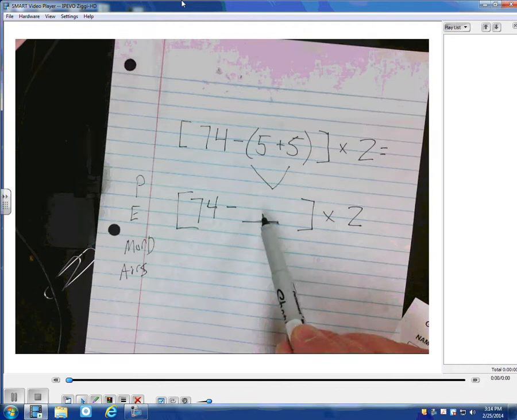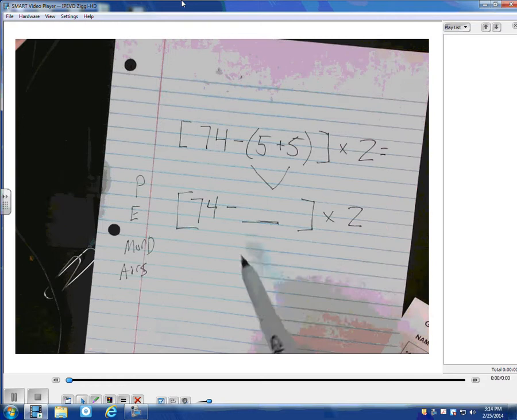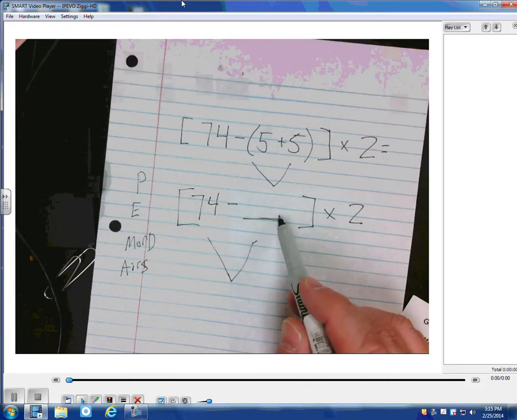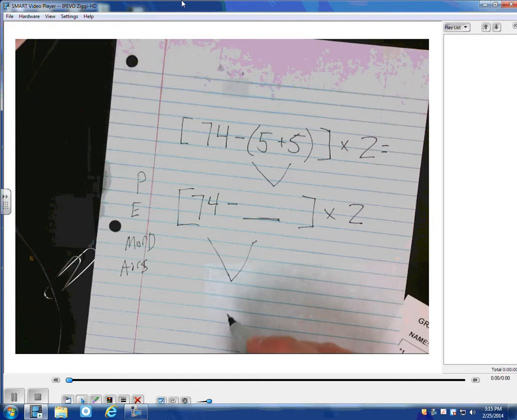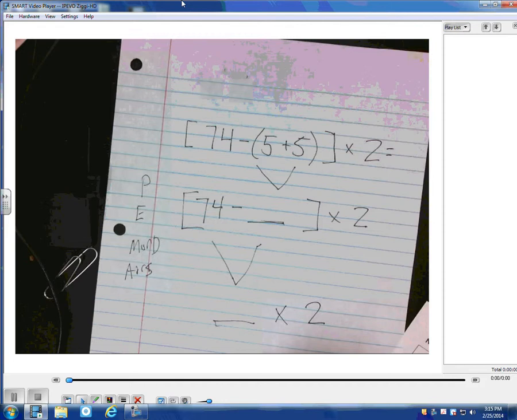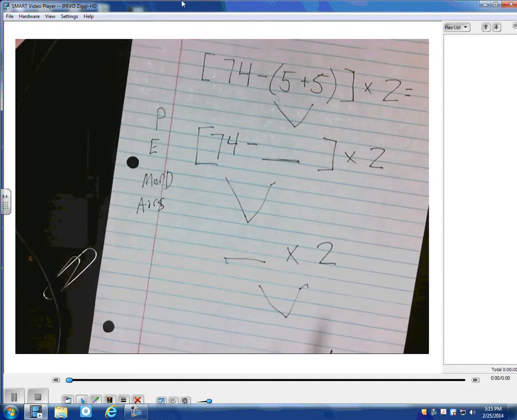Now, these brackets still act as parentheses, so we have to do that next. So whatever that step would be, 74 minus whatever that number is, that's going to go there. Then you'll times 2, and then that will give you the final answer. So that's number one.